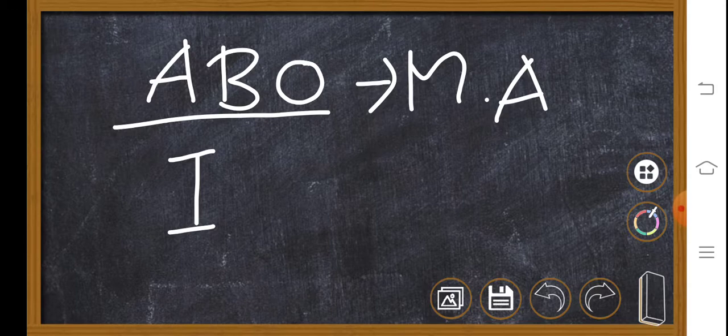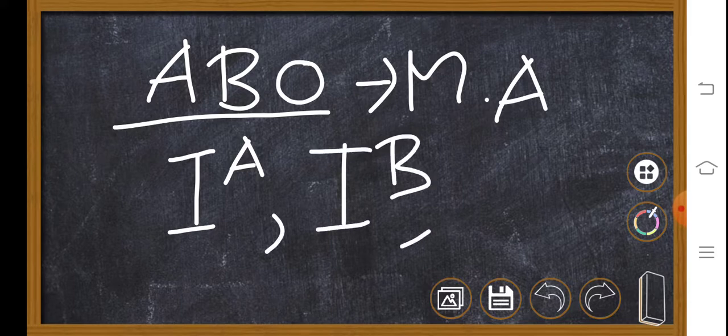I is the gene that is used to make us understand the blood group system ABO. So it has three alleles.